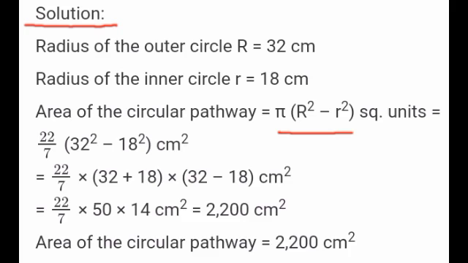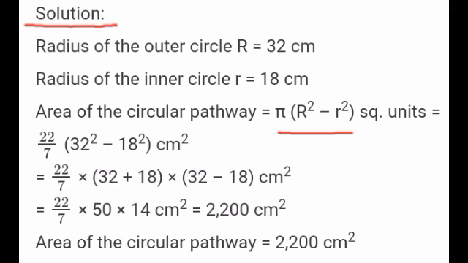Substitute the value of pi 22 divided by 7 into 32 square minus 18 square. We can use the formula a square minus b square: add the numbers together and subtract the numbers.